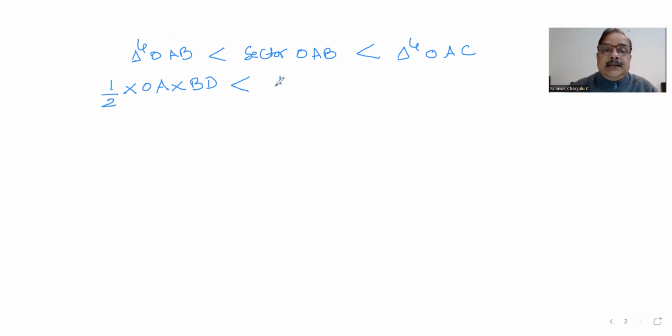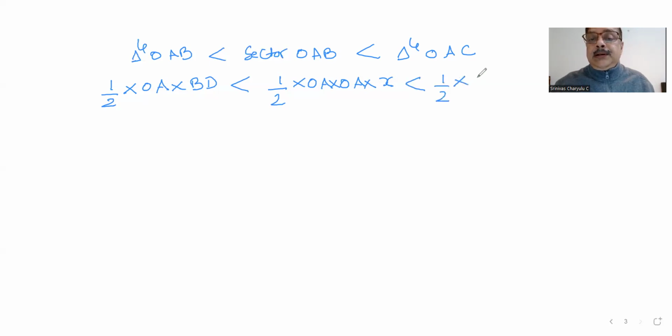For the sector, half into, we have seen the formula in the first page. Half into radius is OA, OA into OA into X. X is called as the angle. Then less than OAC formula, half into OA into AC. AC is called as the perpendicular.